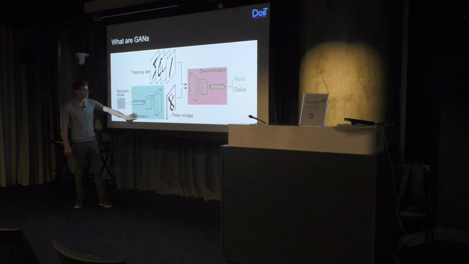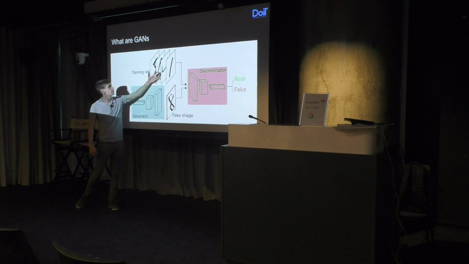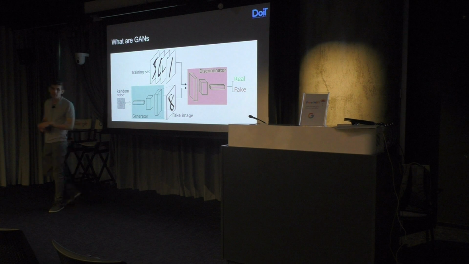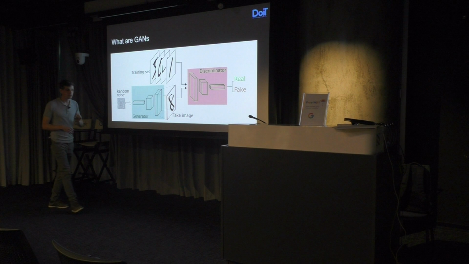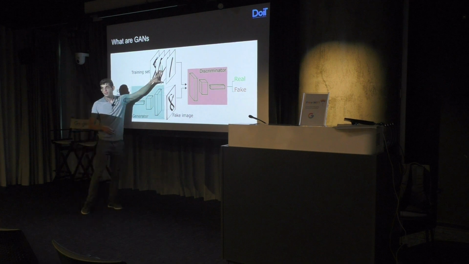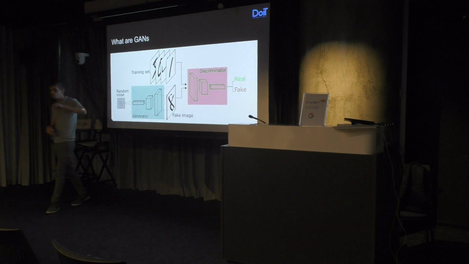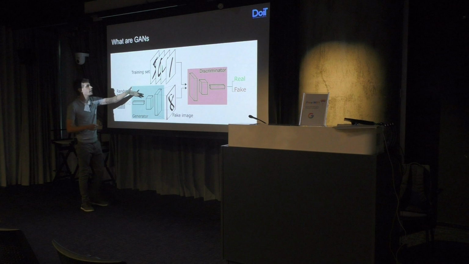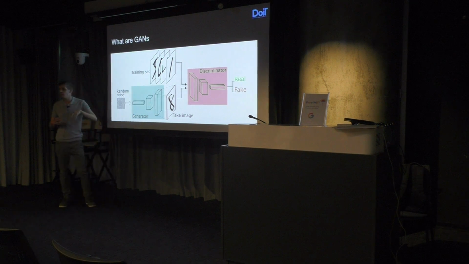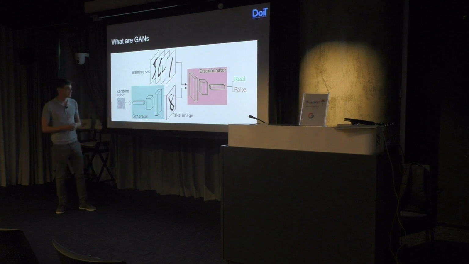The generator would try to generate images that look like the images of the digits that are in the data set. Not necessarily exactly like the images that you would find. It would look very similar, so you wouldn't be able to distinguish between an 8 that was drawn by the computer and an 8 that appears in the data set, but it's not necessarily identical. Or you would rather it not be identical.